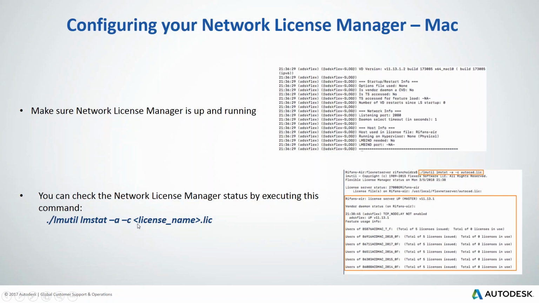You can execute this command. Same thing, the license name you can change to AutoCAD 2018, and you'll be able to see the license. If you are seeing this window saying how many licenses you have and that it's up and running, then you should be good to go, and you can activate the software.